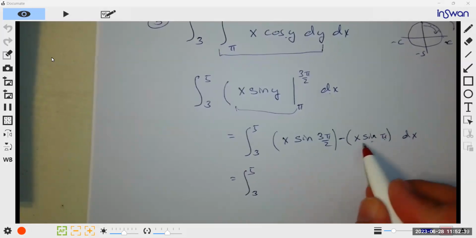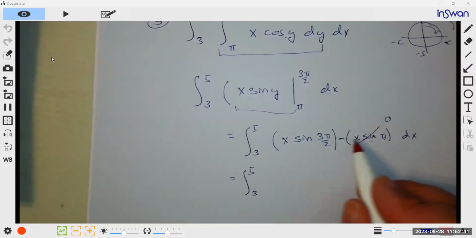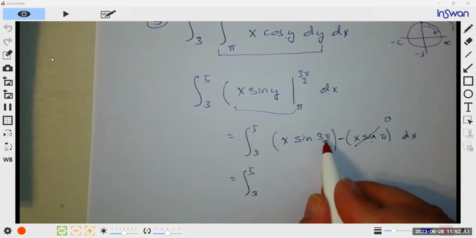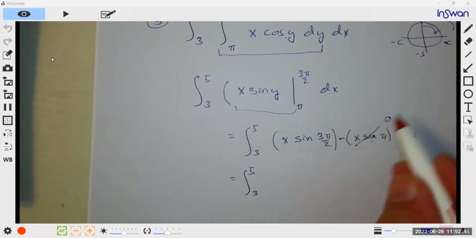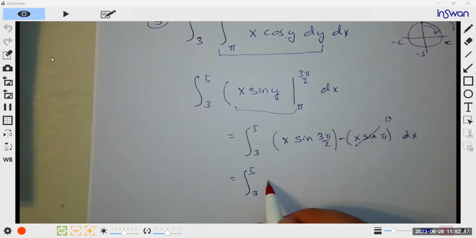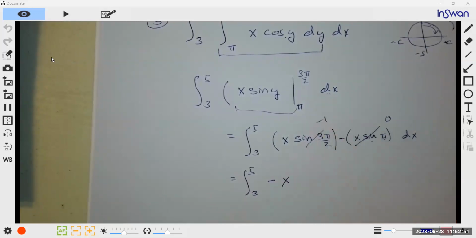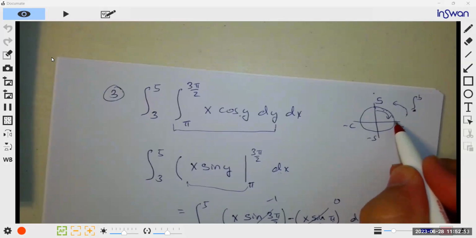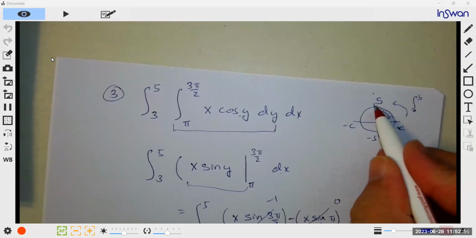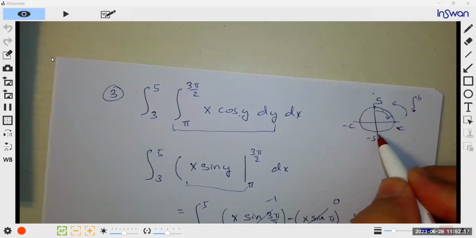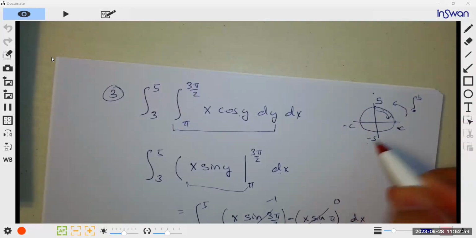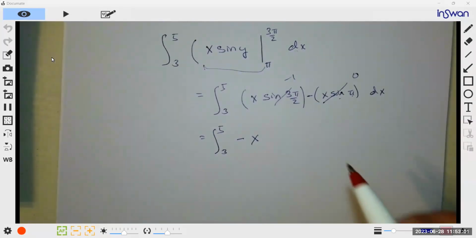Sine of pi is 0, so we don't have to worry about that. Sine of 3 pi over 2 is -1, because this is 1 pi over 2, 2 pi over 2, 3 pi over 2. It's negative sine. So it's -1.